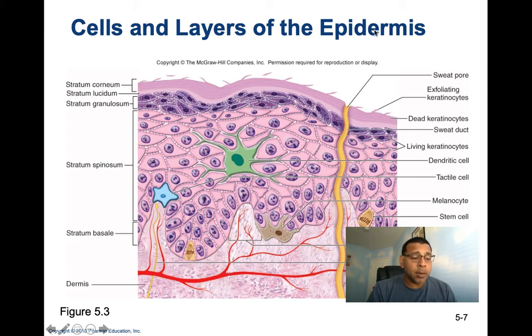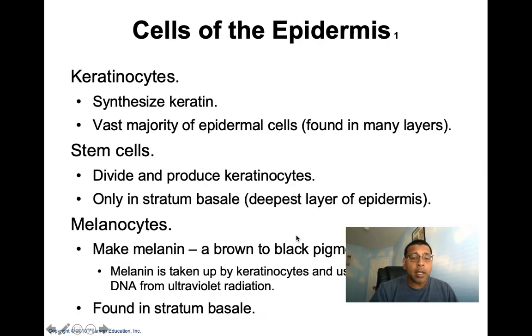Next in here we can see we have our melanocytes. Now when we talk about melanocytes, melanocytes are spider-shaped epithelial cells. And these melanocytes, their function is that they synthesize this brown to black pigment called melanin. They make melanin.